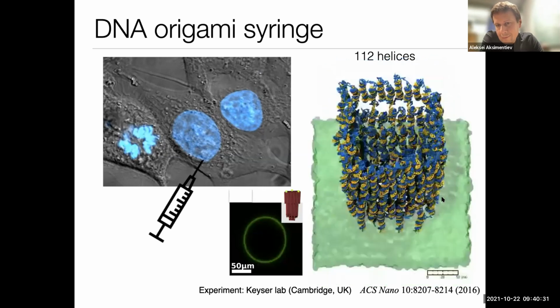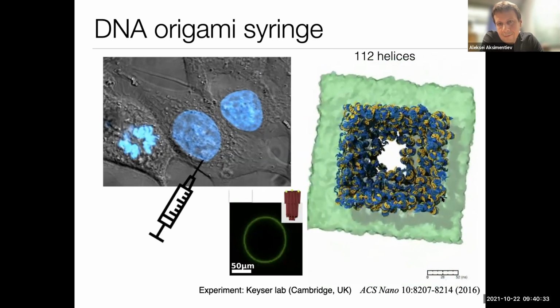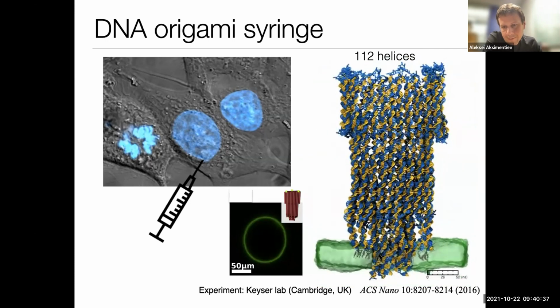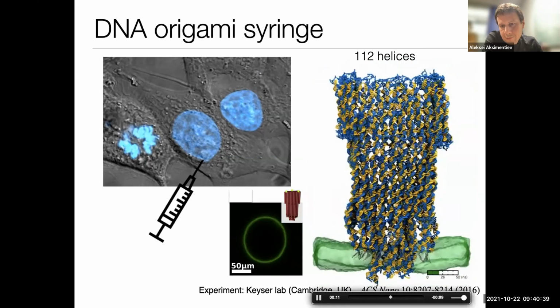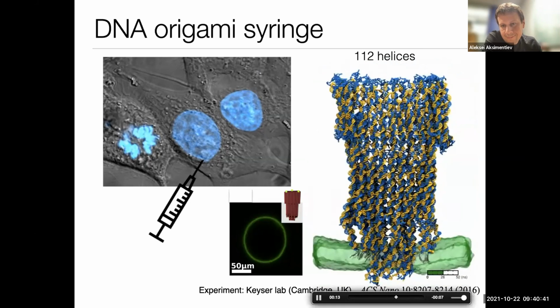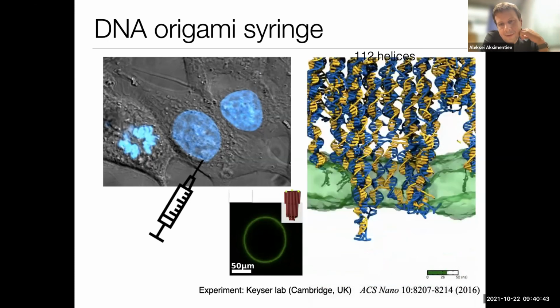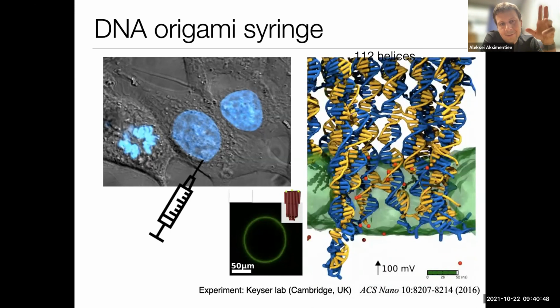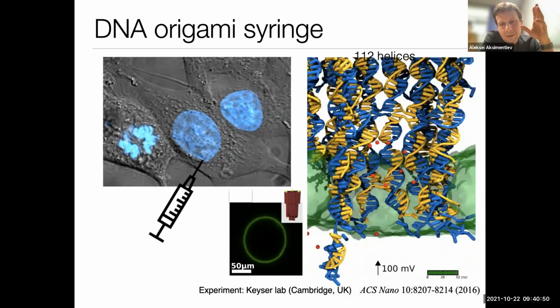It's a big DNA origami structure made of 112 helices that are decorated with cholesterols at the bottom over here. In order to simulate this, we go through all the steps of the procedure, where we start with a nano design, relax it using energy minimization, and put in water, ions, lipid bilayer, and cholesterol anchors, and we can apply an electric field and measure ionic conductivity.